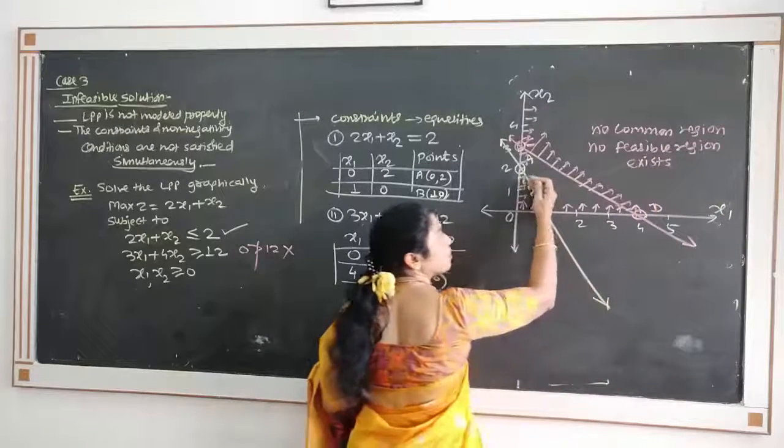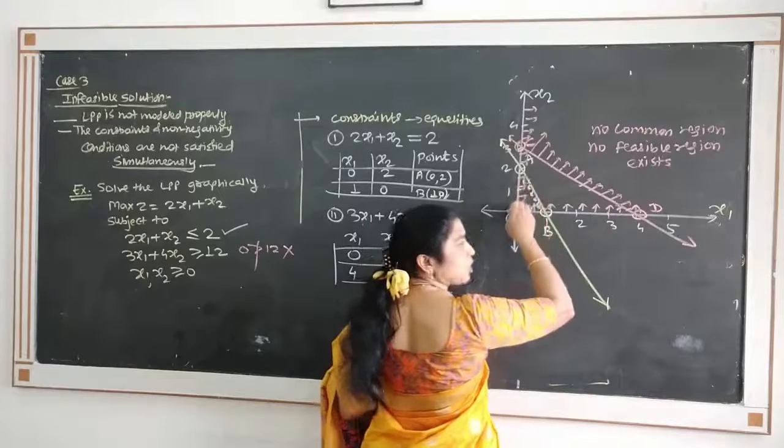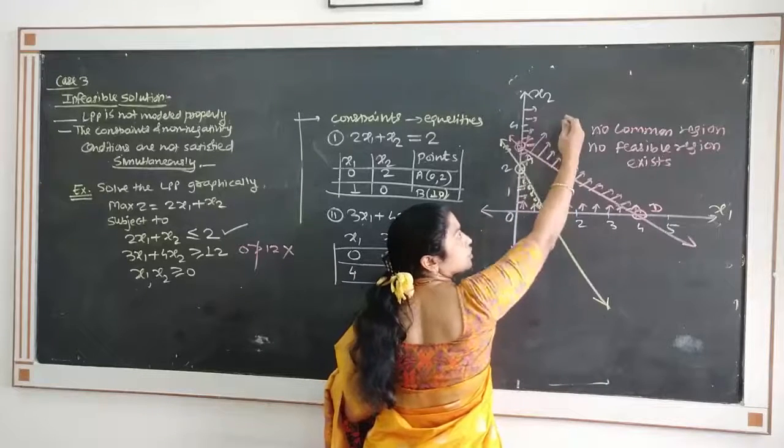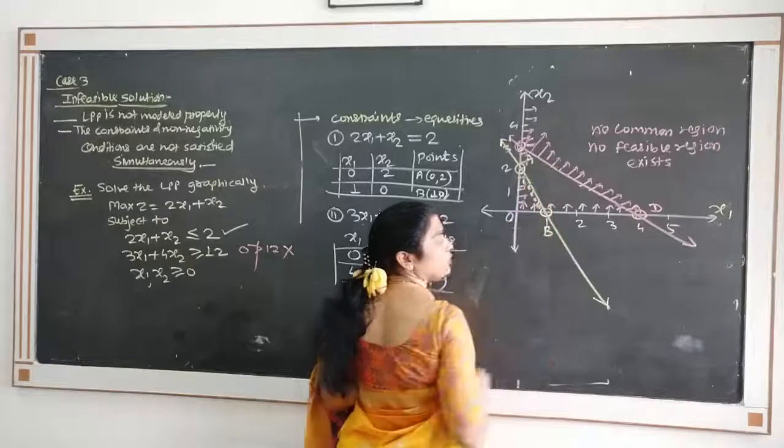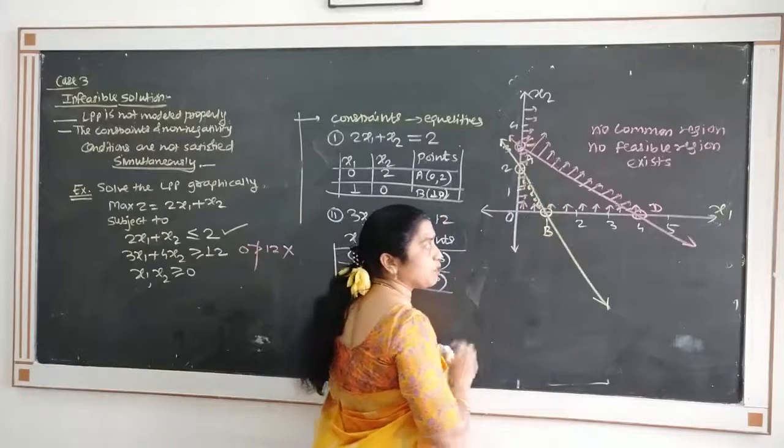Because this line gives the region below, that is towards the origin, and this line gives the region above, we don't have a common region, meaning there is no feasible region.